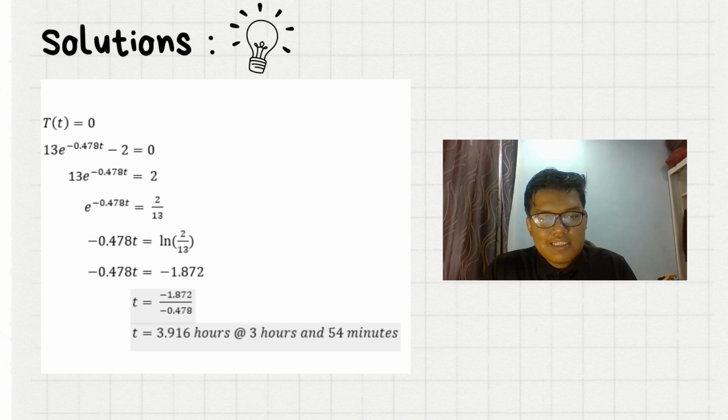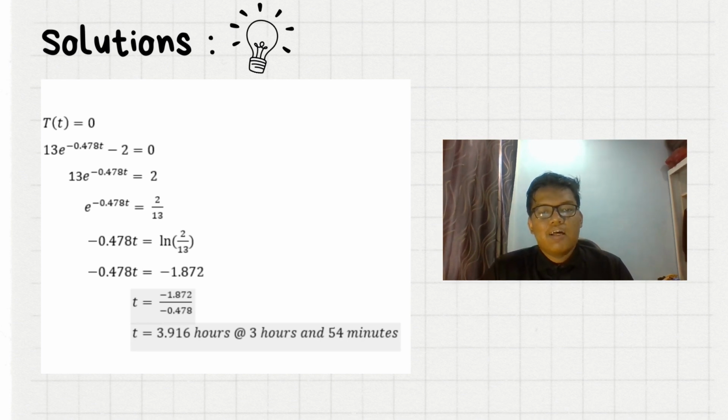The exponent we move to the right side and it becomes ln, so -0.478t equals ln 2 over 13. Negative 0.478t equals negative 1.872. So we move to the right side and it becomes t equals negative 1.872 divided by negative 0.478.